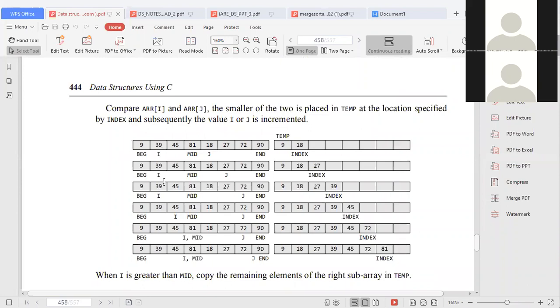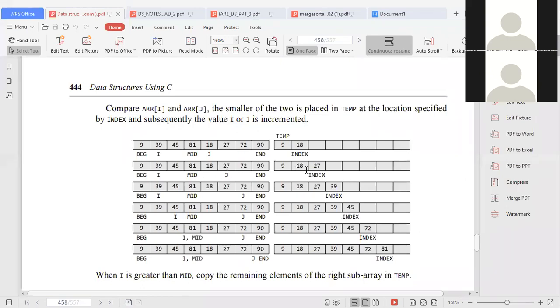In the third pass, now compare again I and J. What is least? In the third pass, I and J are compared, and which one is supposed to move to the array A? J, sir.